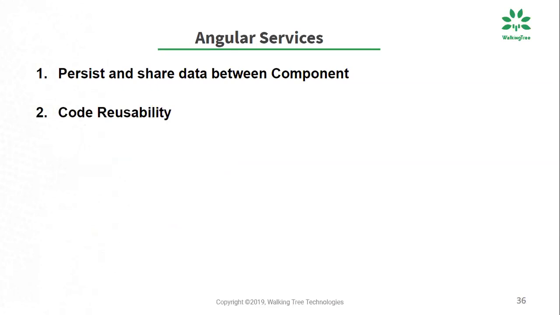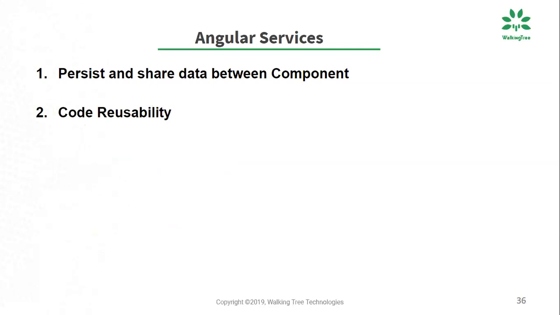We need services to have utility functions, which we can call singleton utility classes that can be used in multiple components. There are methods to define the scope of this service.